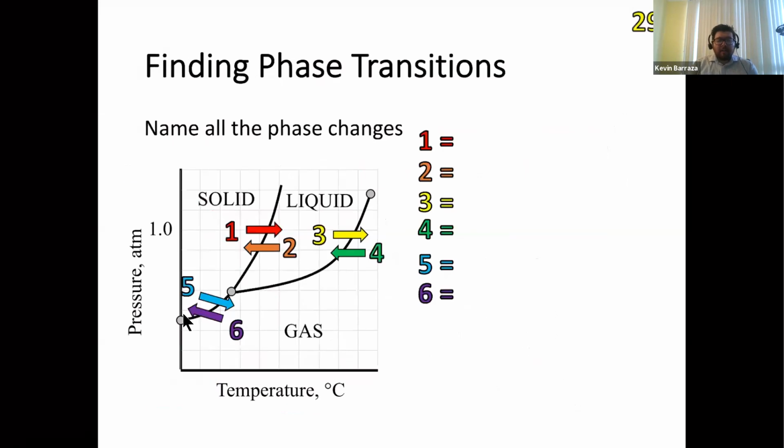So anytime I cross a line, it counts as a change of phase. There are a total of 6 different phase changes that we can have on a phase diagram. Some of them we're familiar with, but others we might not be. What happens when I cross from solid to liquid? What do I call that?